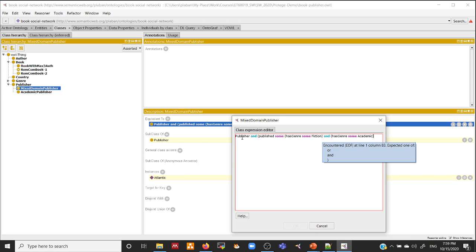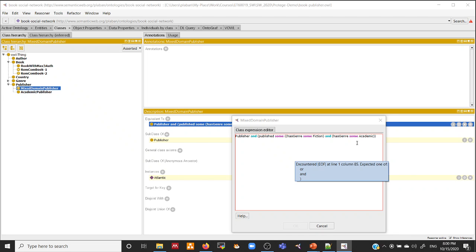So it has published some, so the some will be over this, and we are taking the intersection of this class and this class. We should close with another parenthesis. So then we have really modeled the thing that we discussed in the second part, right?